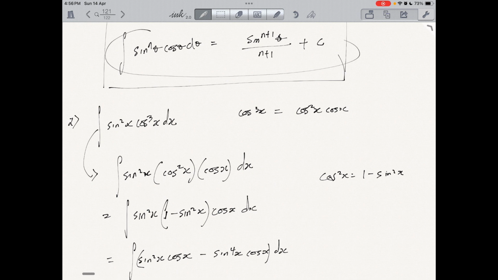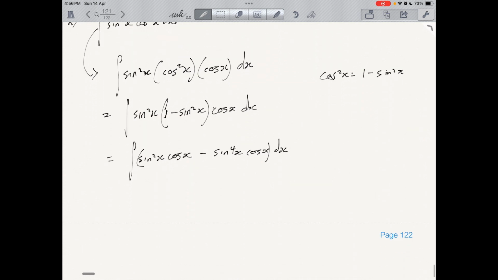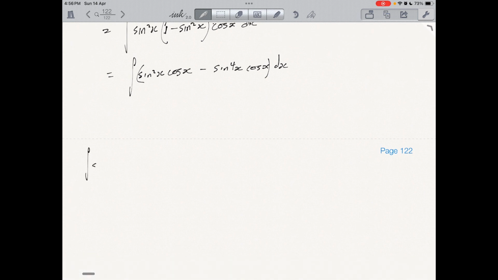Let's apply the principle of integrating sine n theta cos theta d theta, and this will give us sine n plus 1 theta divided by n plus 1 plus c. Now in this case, we have two forms.